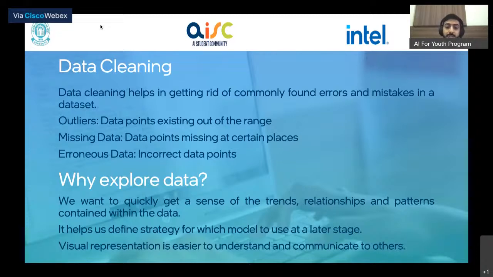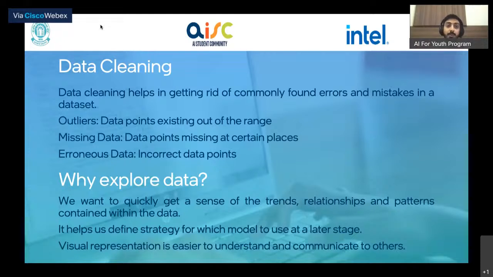No, because it's all numbers, and there are a lot of numbers. In fact, there would be numbers in thousands and in millions. If you just look at those numbers, you won't get a sense of any trends, patterns or relationships contained within the data, which is why we explore the data set that we have collected.